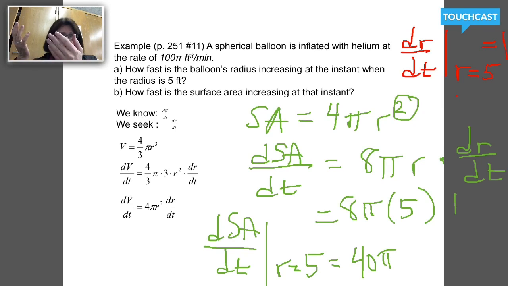And time, that dt in the denominator is time. So I know I'm going to have area units divided by time units. If my distances in this problem are measured in feet, then my area would be measured in feet squared. This is going to be feet squared divided by minutes. So 40 pi square feet per minute.